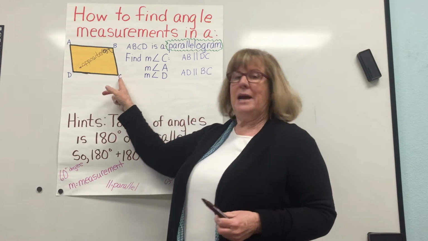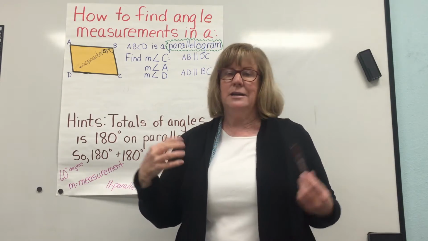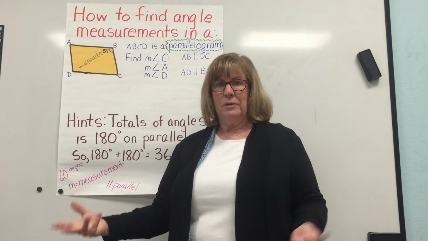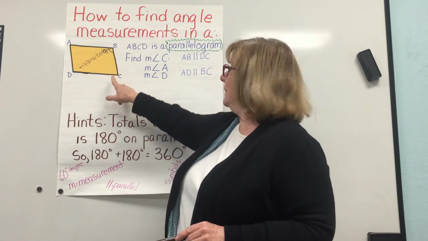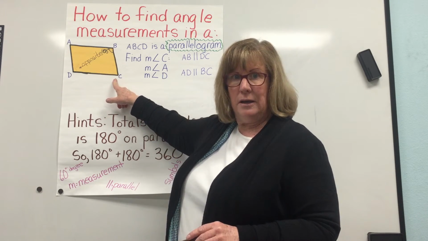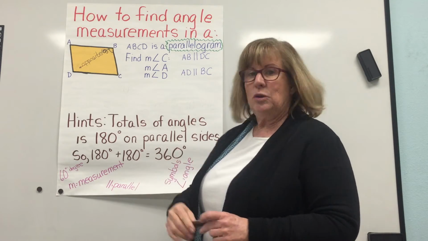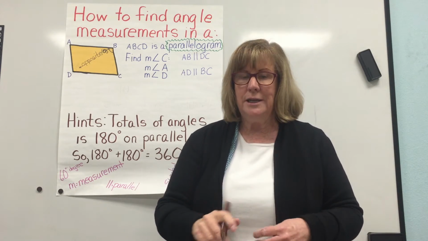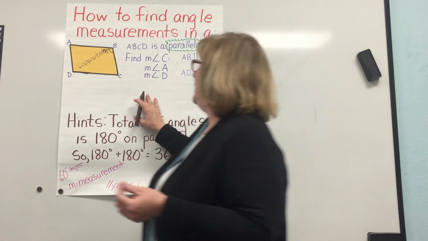So finding the measurement of angle C without measuring it is extremely easy. We know that angle B plus angle C have to equal 180 degrees. So I'm going to write that right here.